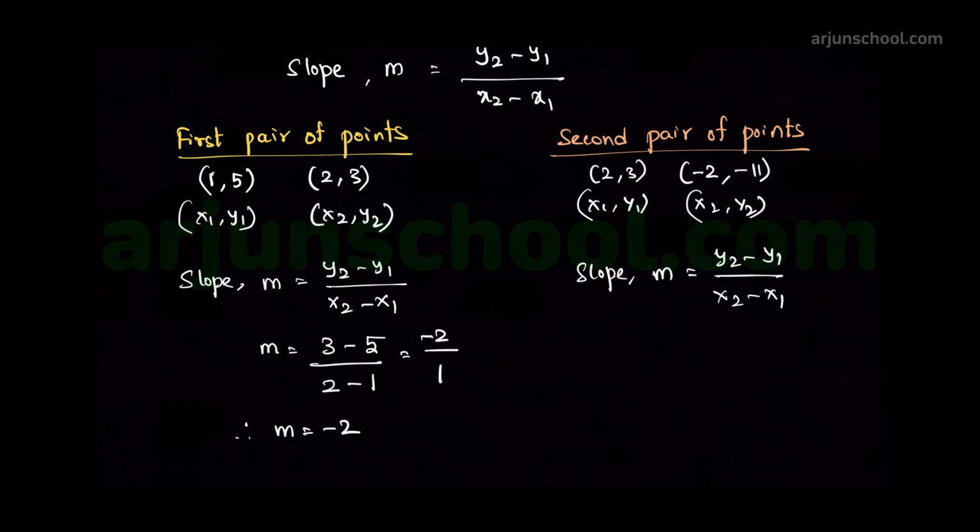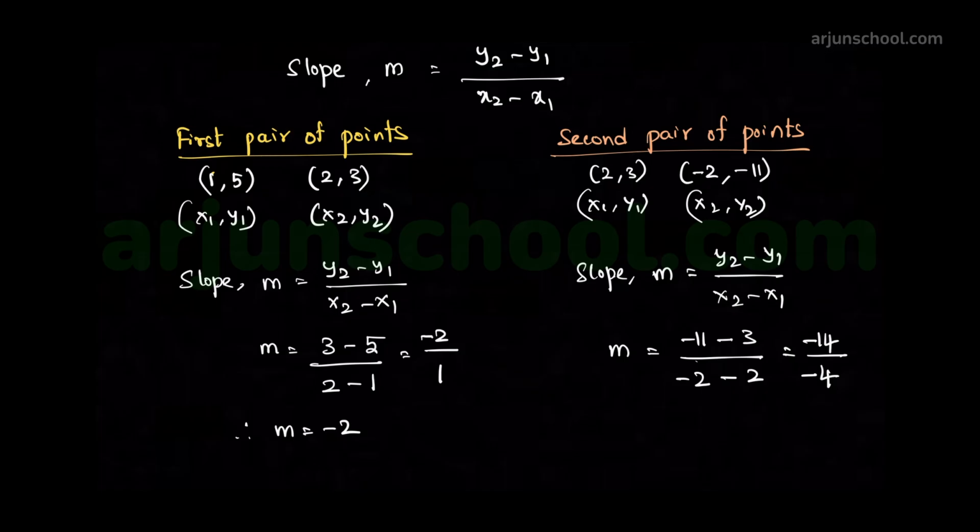Slope m = (y2, which is -11, minus y1, which is 3) divided by (x2, which is -2, minus x1, which is 2). That is equal to -11 minus 3, which is -14, divided by -2 minus 2, which is -4.